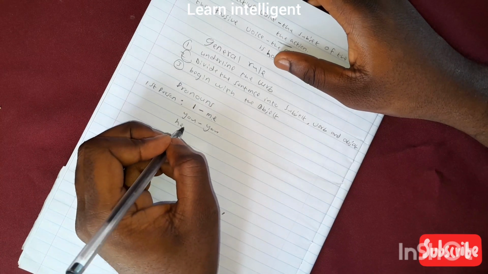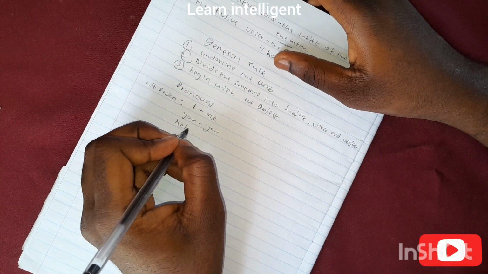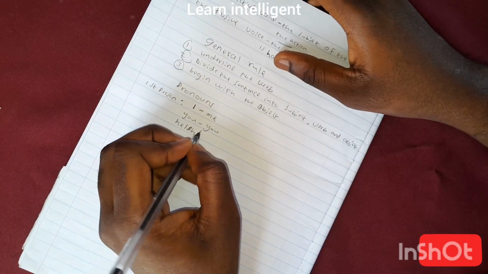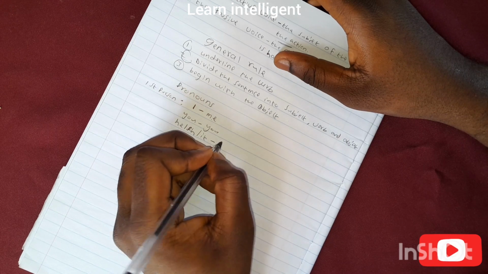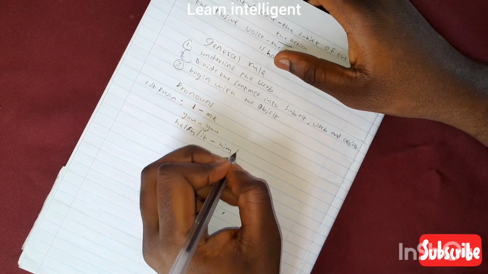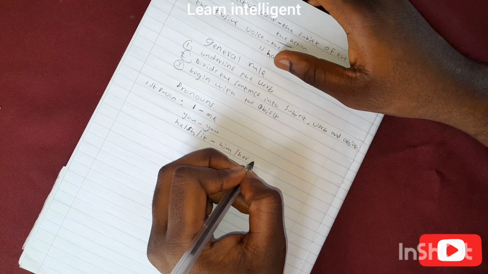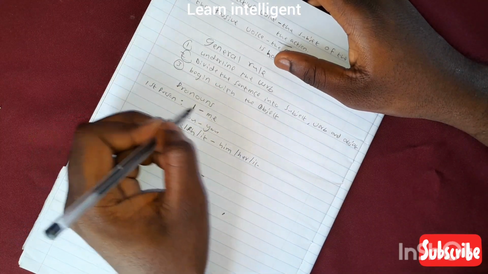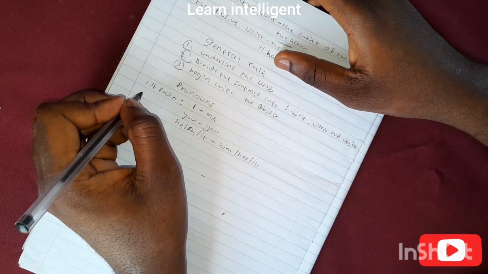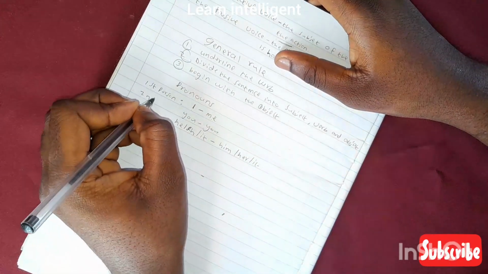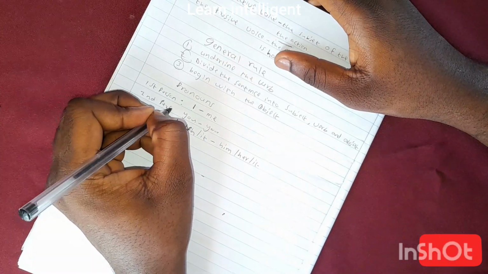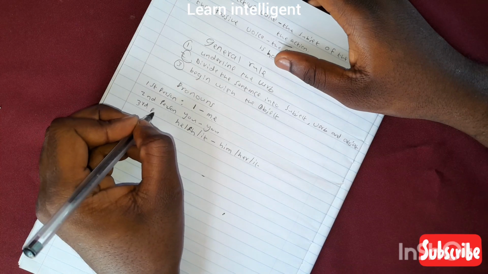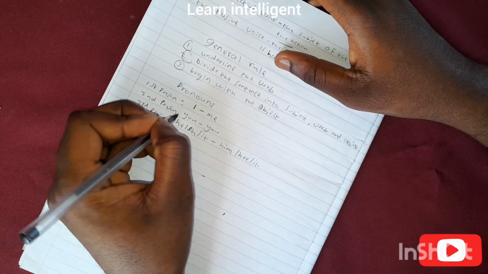Then we have he, she, or it, which will change to him, her, or it. By the way, I is first person, you is second person, and he, she, it are third person pronouns.